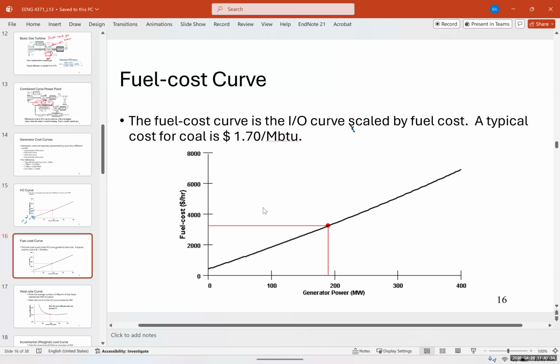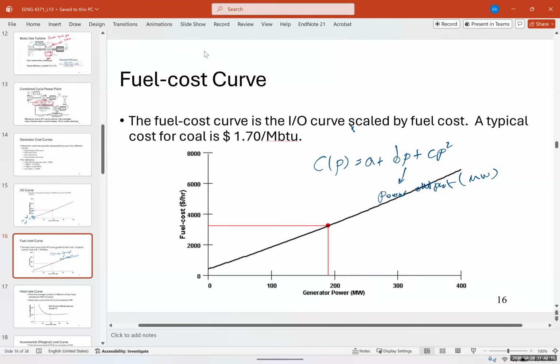This is the total operating cost of the generator at given output levels. And we typically approximate this curve with a quadratic function of the form, I will explain this equation later, C(P) equals A plus BP plus CP squared. And P is the power output, and we measure it in megawatts.